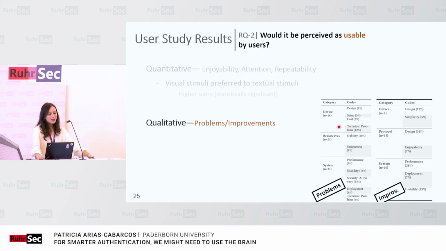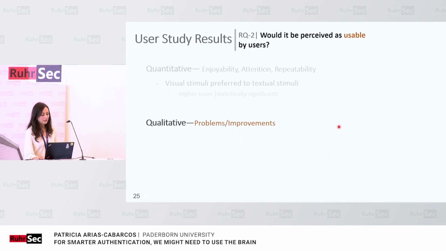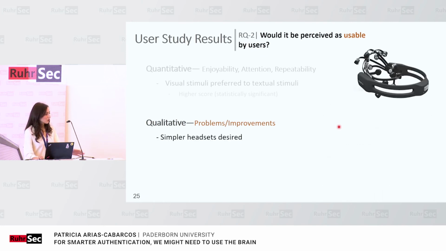For the qualitative part, we coded the results, and if I have to summarize the key most important points, I would say that users called frequently for simpler headsets. We used this headset here, which is, as I said before, 14 channels, and it's not straightforward to use because the sensors need to be moisturized.